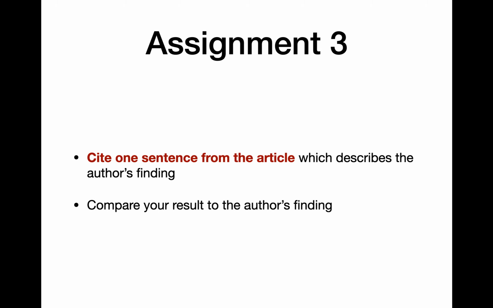For the third section, if you remember, at the beginning we had an article talking about these two movements. You need to cite one sentence from that article which describes the author's finding. Maybe the authors found that some variable is the cause of different peak height.